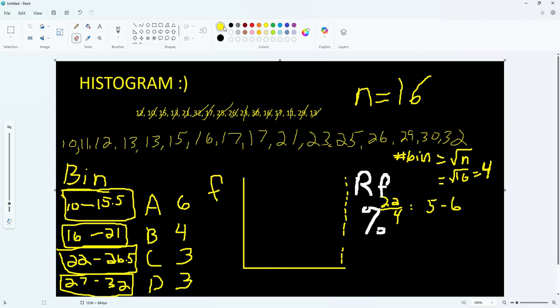So C and D are the smallest, followed by B, followed by A. Okay, and then it's going to look like we had it before with some lines. We had C at 3, D at 3. Okay, let's see, B was at 4, and then A was at 6, like that. Right, so the data distribution now looks like this.